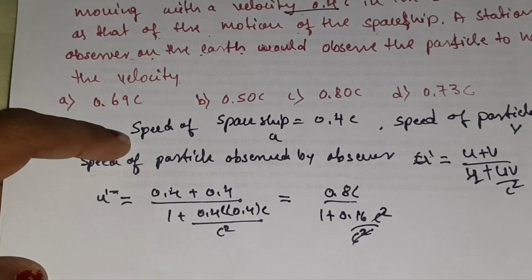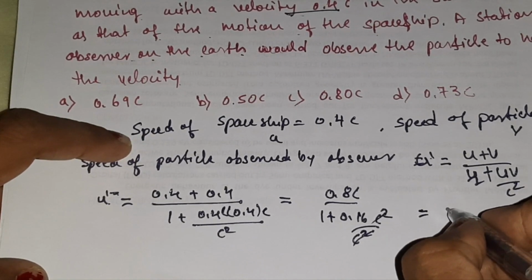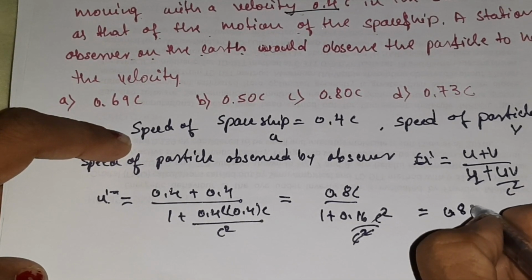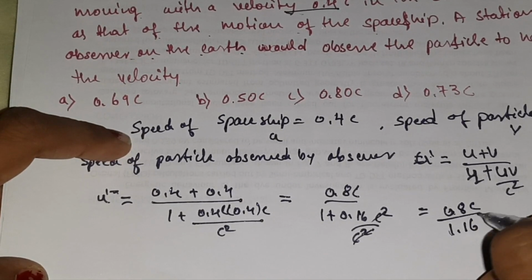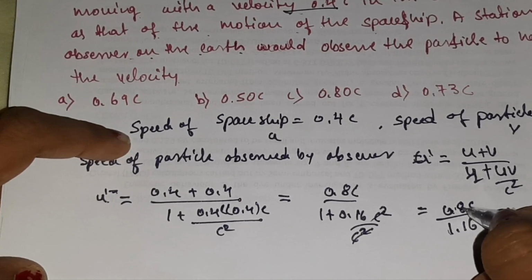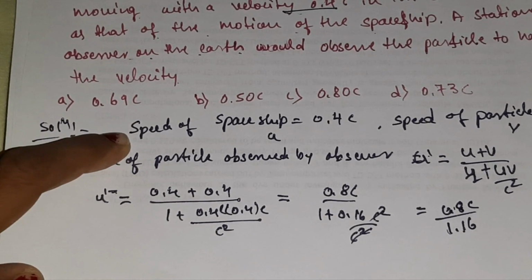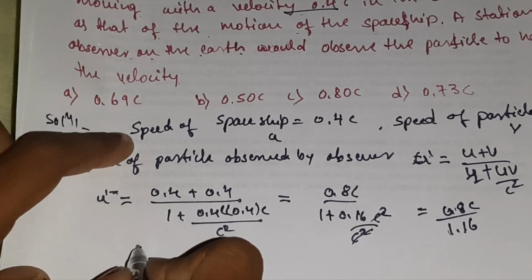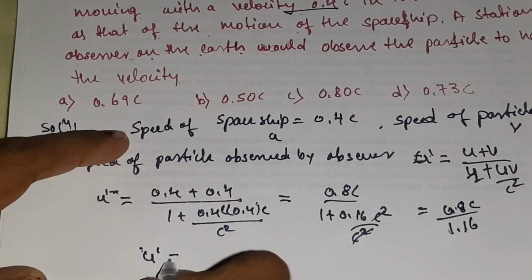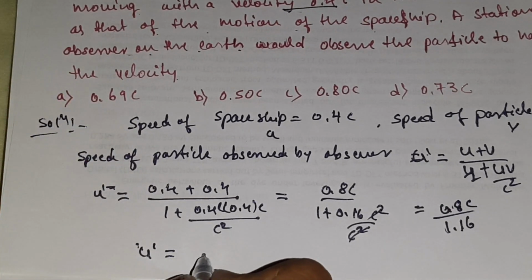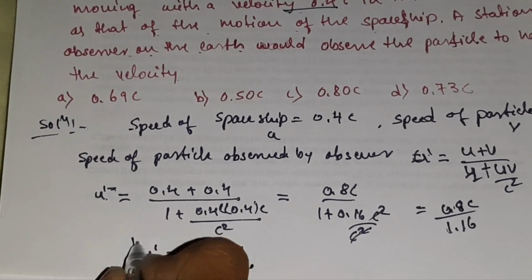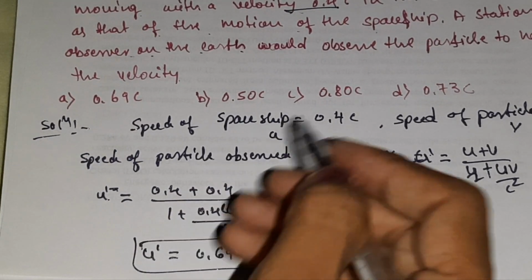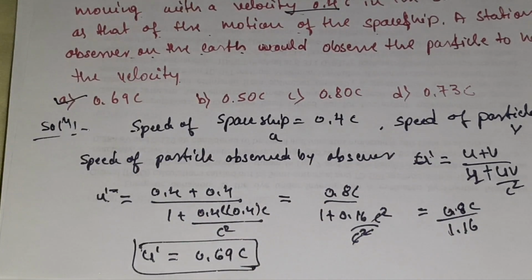So c square gets cancelled. Here we will get 0.8 c by 1.16. If we divide these two, we will get u prime, that is the speed of the particle with the observer, as 0.69 c. So the correct option here is A.